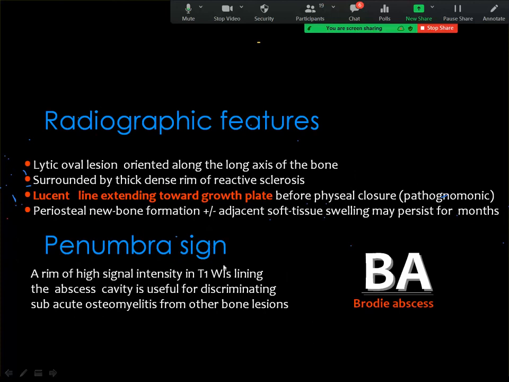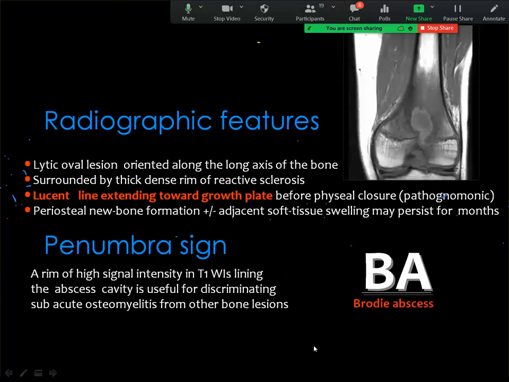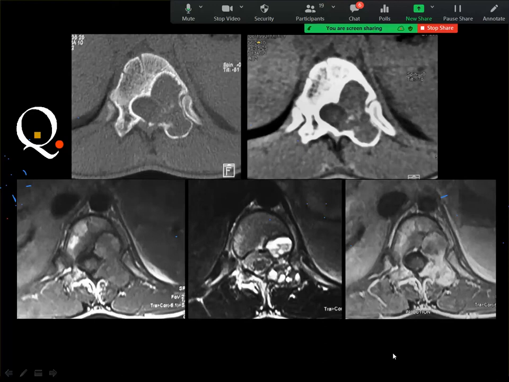What's known as the penumbra sign is one of the criteria of this lesion according to the literature, which means that there is a high signal intensity margin in the T1 weighted image surrounding this abscess, which can cross the physeal plate and extend into the epiphysis. Next case.